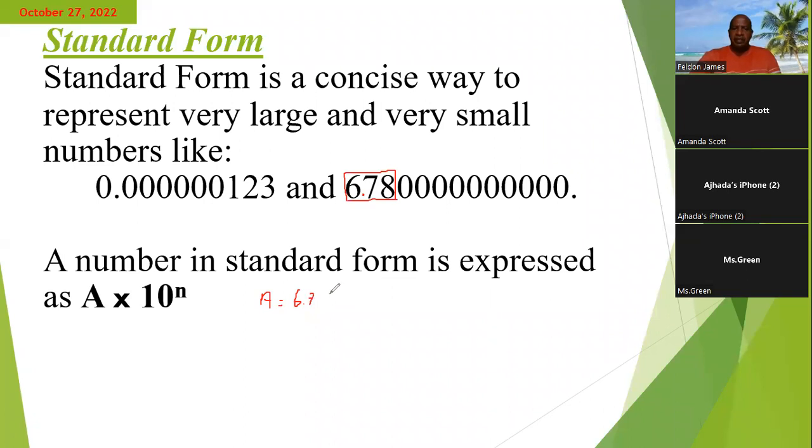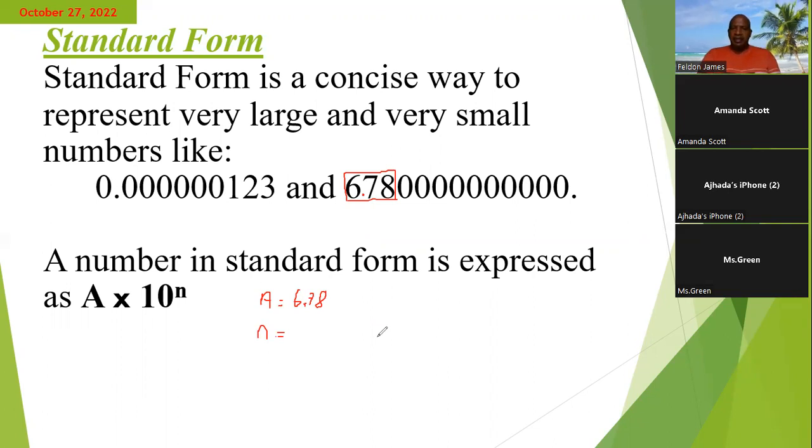So everybody with me so far? So this is how we find A. All right. Now, after we find A, next we need to find N. Now we say N can be a positive or a negative integer.